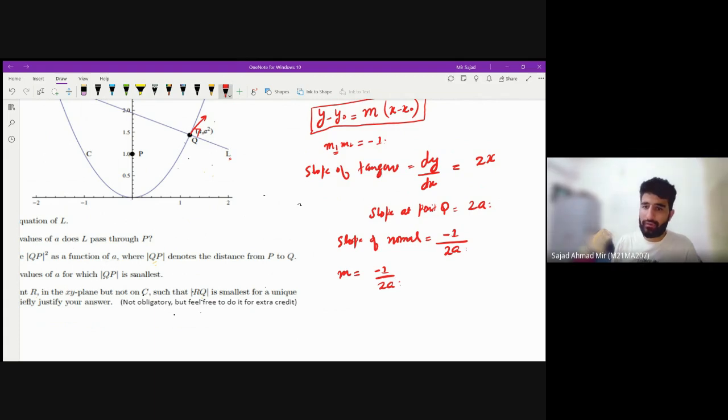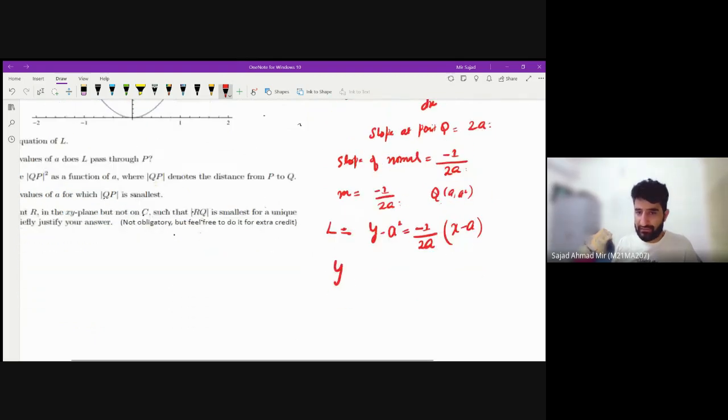Now we know that it passes through the point Q with the coordinates (a, a squared). So the equation of line L is y minus y0, where y0 is a squared, equals the slope, which is -1 by 2a, times x minus a, because our point is (a, a squared), the point Q. If I simplify this, it will be y equals minus x by 2a plus a squared plus 1 by 2.